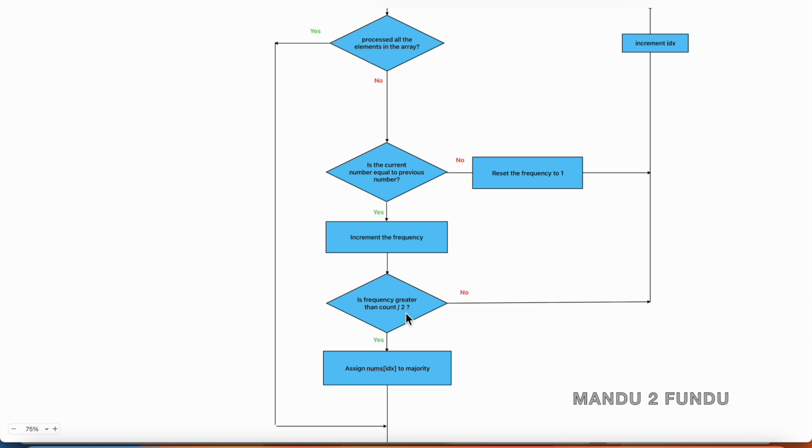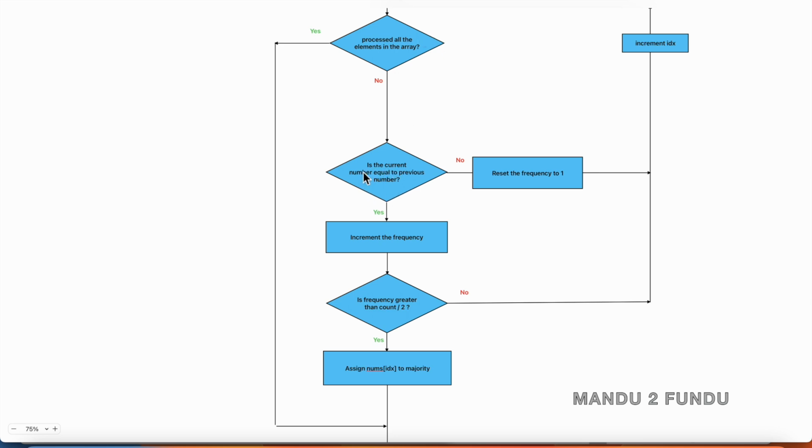There can be only one number that meets that condition. So the moment we see the frequency greater than count divided by 2, we assign the current number to the majority variable and come out of the loop. Otherwise, we keep proceeding to the next iteration.